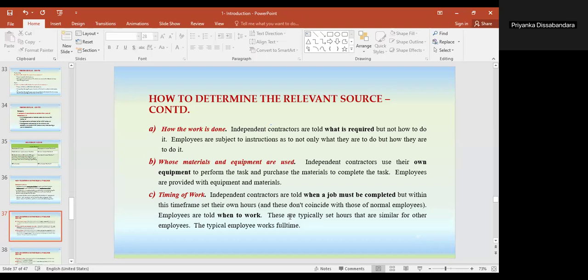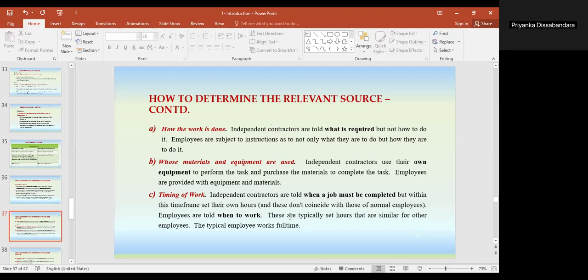That means they provide all materials and equipment for that service. The independent contractor uses their own equipment, but the employee is provided all required materials and equipment for the work.